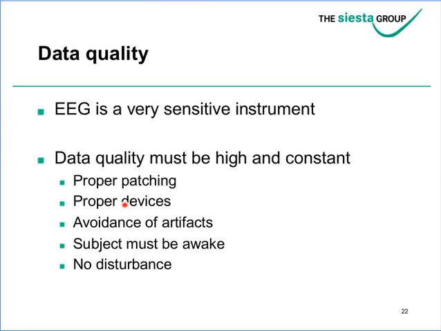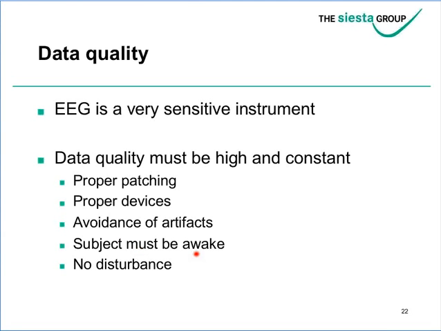So when applying EEG, as simple as it is in terms of costs and procedures, nevertheless, you need to look after all the procedures done in a proper way, of how the electrodes are patched, of what devices you're using, whether they also have the right kind of settings, from the impedance to filter settings, so that you avoid artifacts that would distort your signals, and that you keep subjects awake when your goal is to pick up awake EEG.